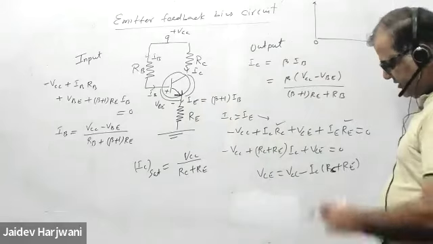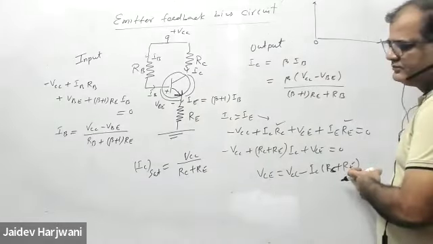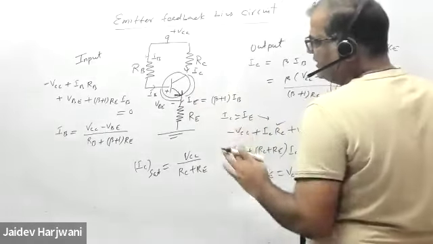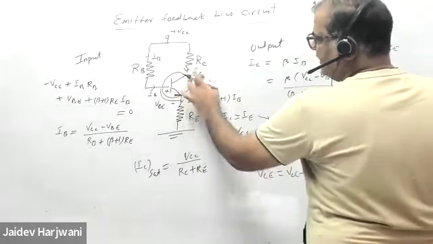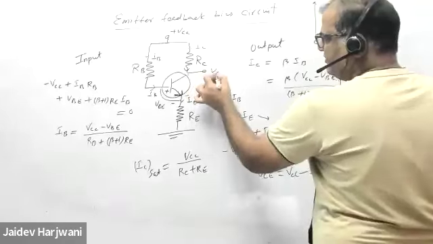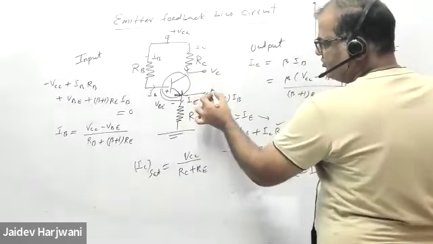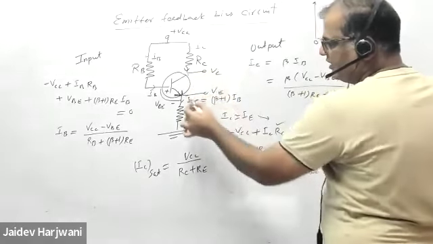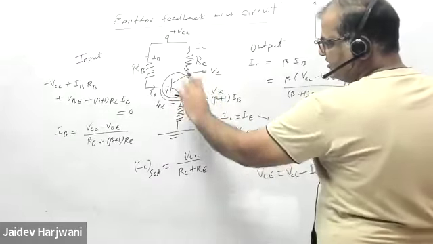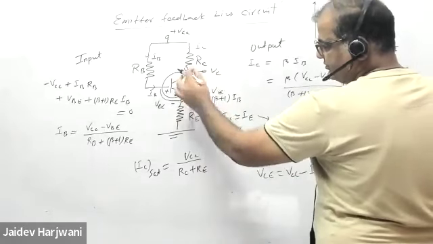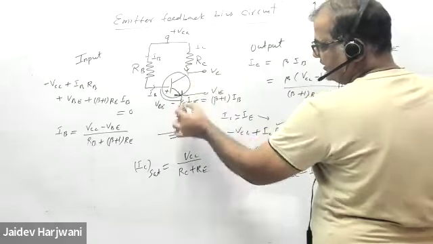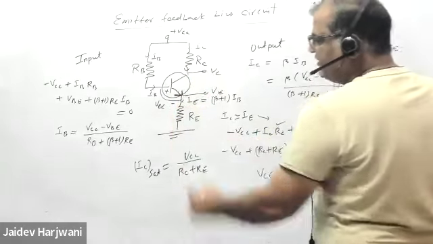Earlier circuit, this RE was not there. Okay. Now the difference between this circuit and the earlier circuit is there. Now here this point is your VC. This terminal is your VC. This terminal is your voltage VE, the emitter terminal. It's a collector terminal, emitter terminal. This difference is VCE. Earlier, this resistance was not there. VE was 0.